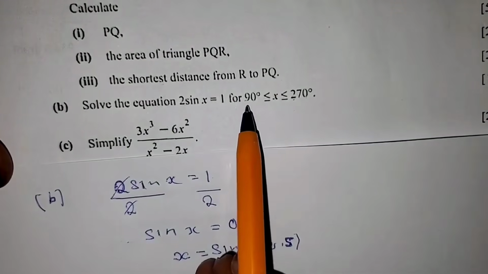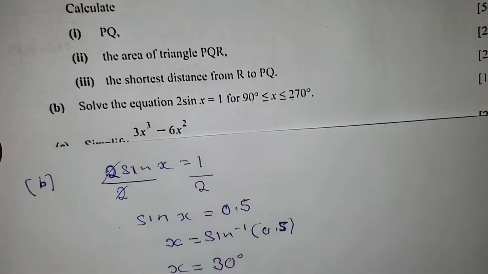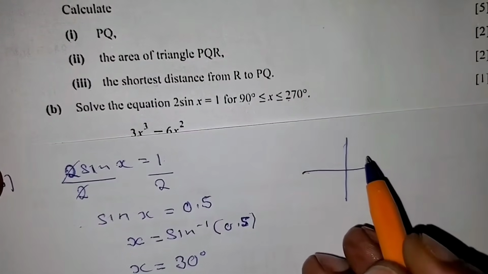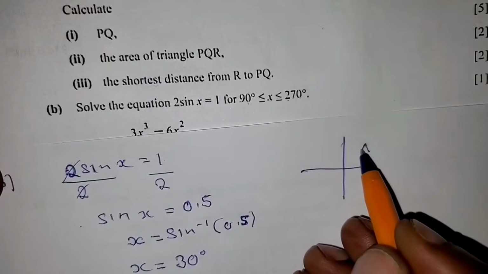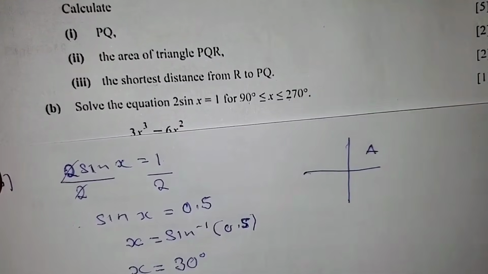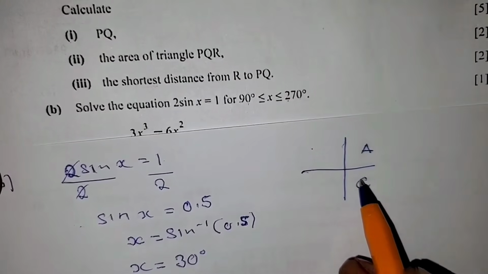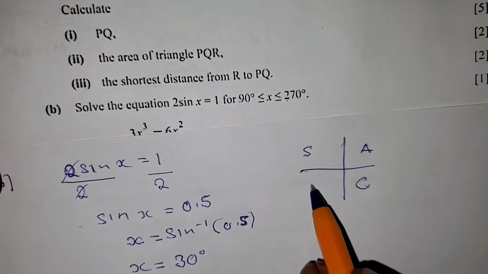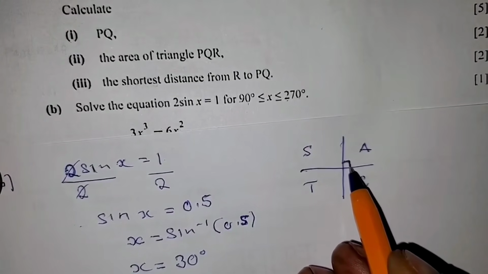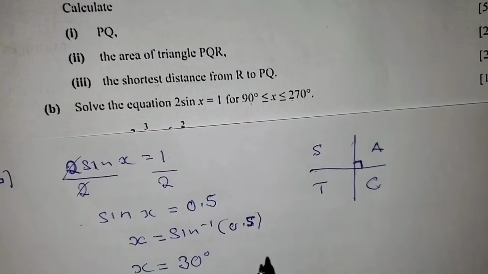They're saying our answer should be between 90 degrees and 270. Now check this out. This is the first quadrant. We use the CAST diagram. In the first quadrant, which is 90 degrees, all trigonometric functions, sine, cosine, and tangent, are positive.